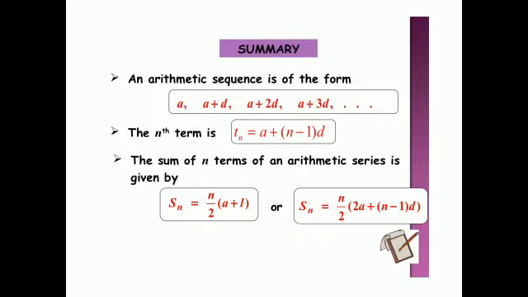There are two formulas. Sn is equal to n by 2 into a plus l, or a plus an. We use this when we know the first term and last term. Second formula, Sn is equal to n by 2 into 2a plus n minus 1 into d. We can use this where we don't know the last term. Only the series we know, we don't know the last term, we can use the second one.